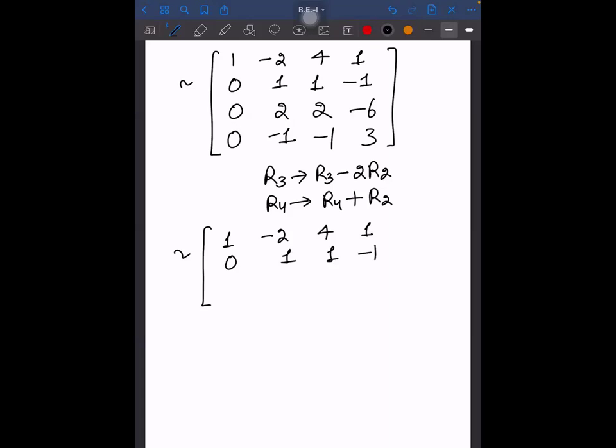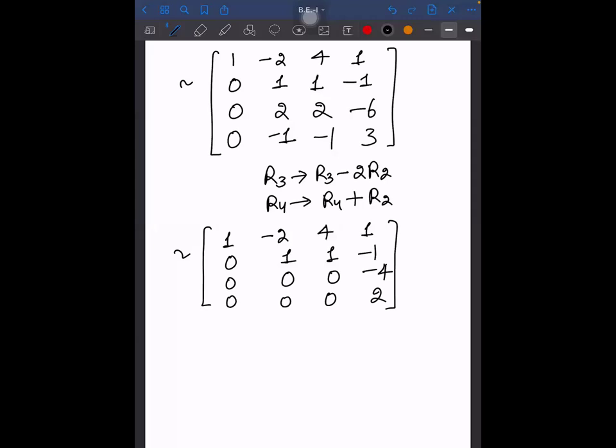So next one is 0, 2 times 0, 2 times 0. So here you put 2 times and then subtract it. This will become -8, sorry, minus will be plus, -4. Then you add it. This will become 0, 0, 0 because 1 minus 1, 1 minus 1. So these entries will become 0 and you add it over here. This will become 2.